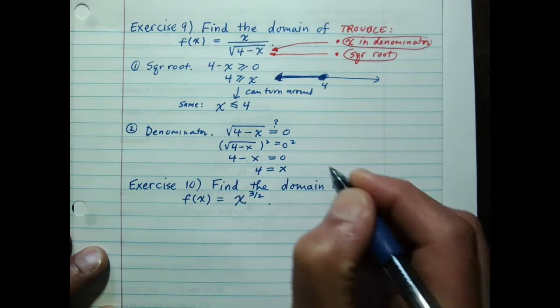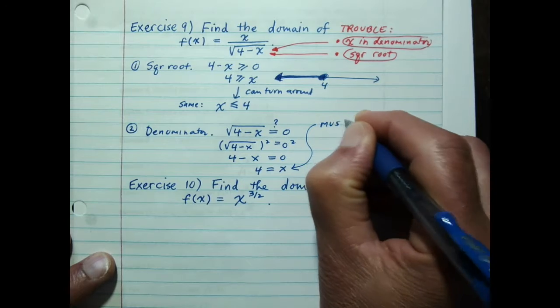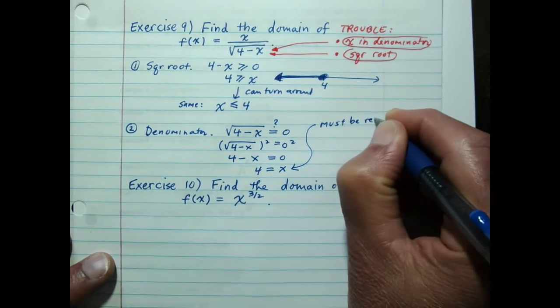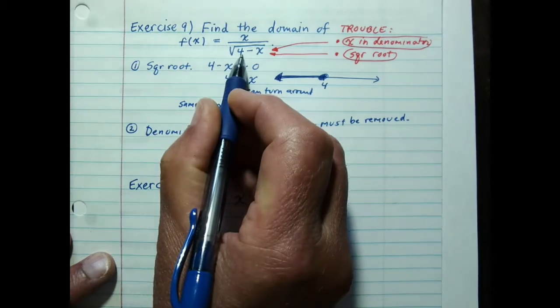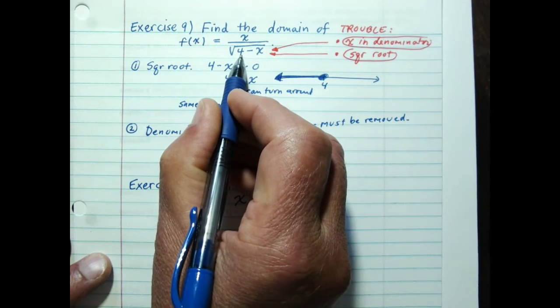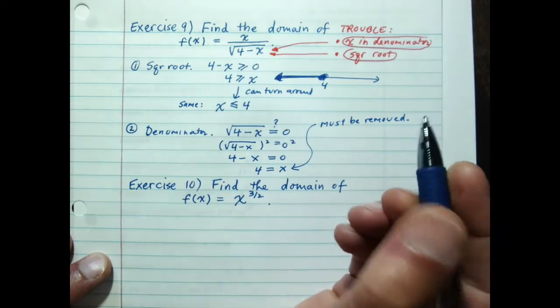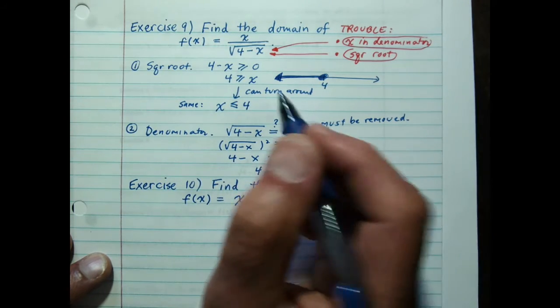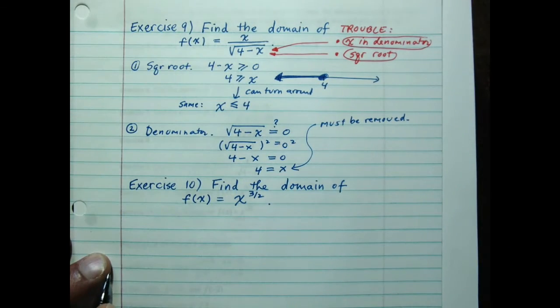Solve for x: 4 is equal to x. This must be removed, because when x is equal to 4, while the square root doesn't mind, the denominator minds, we'd be dividing by 0. So the denominator issue is kind of hidden in there inside this square root.